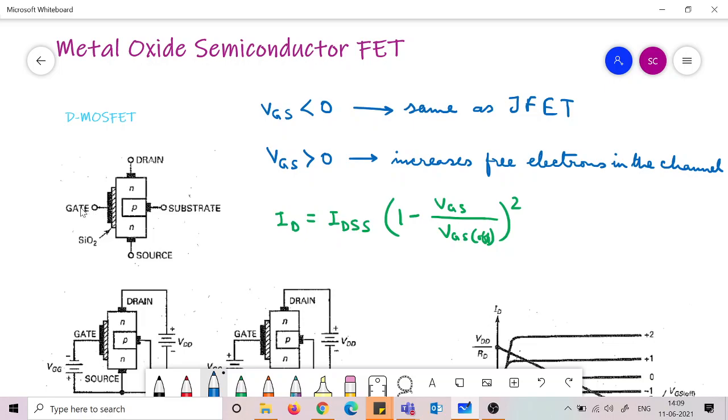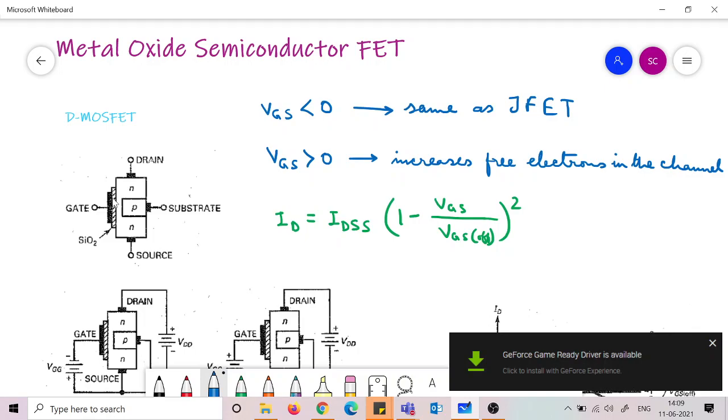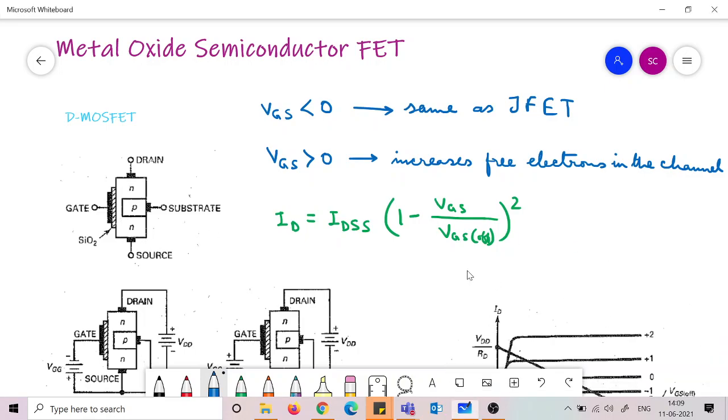So this gate here, whatever voltage you are supplying, there is an insulator between the metallic lead and the semiconductor. So what happens? There is no current passing in this gate terminal. You can consider absolutely zero current passing in this gate terminal.